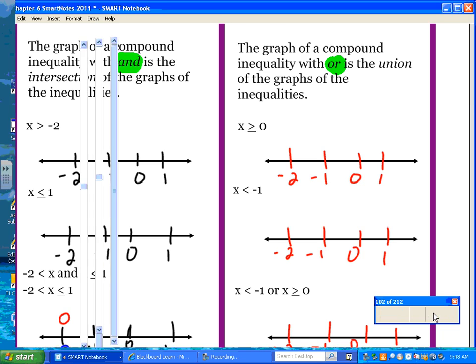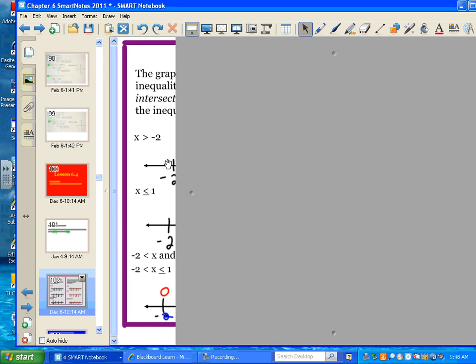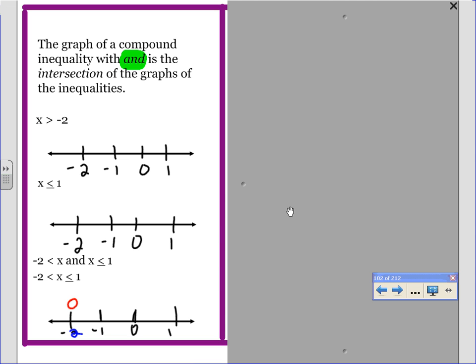Okay, first thing I need you to do is on the left-hand side of this chart, make 4 tick marks on this number line, and this number line, just like mine. After you make 4 tick marks on each number line, I need you to number them from -2 up to 1.